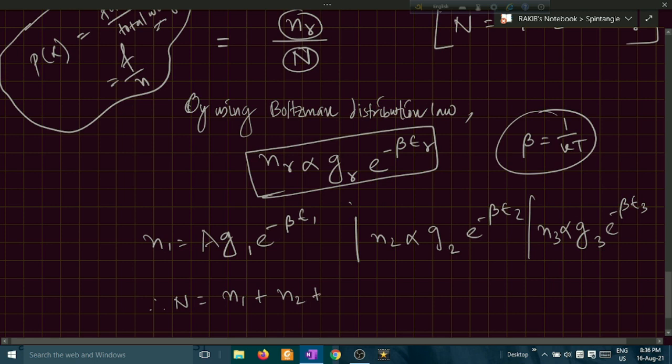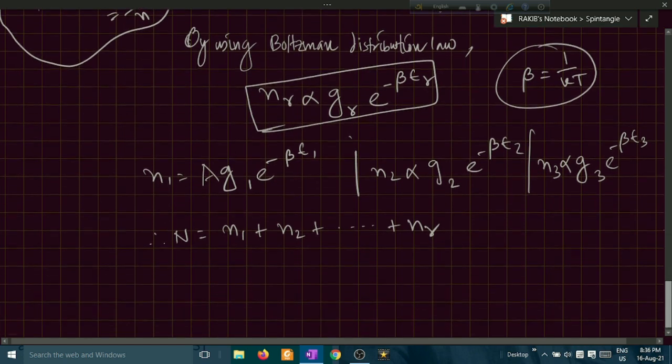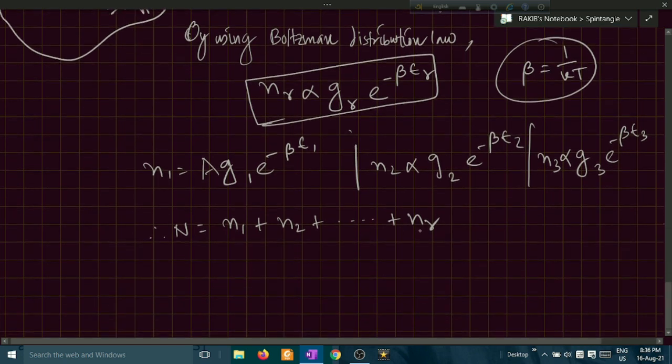N1 plus N2 plus dot dot dot up to NR. There will be no energy levels exceeding NR. Therefore, putting N1 from this formula, it will be A G1 e to the power minus beta E1, plus the second term N2, which is A G2 e to the power minus beta E2, plus dot dot dot.